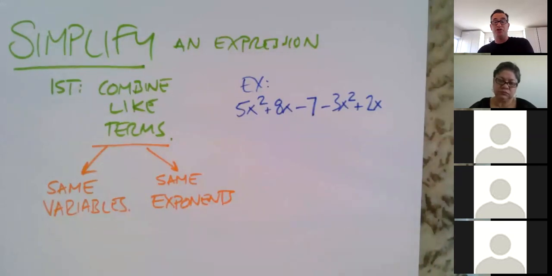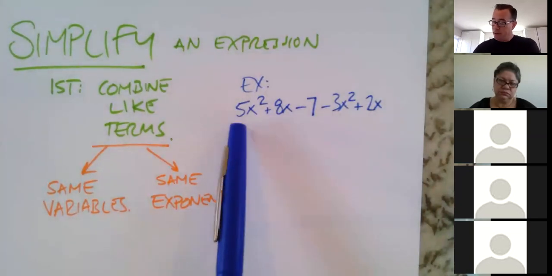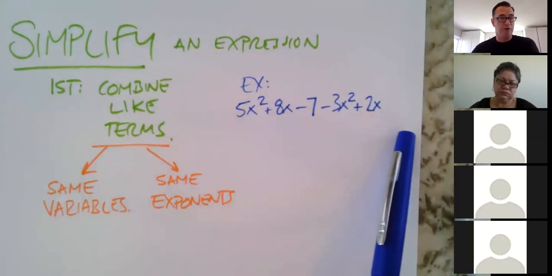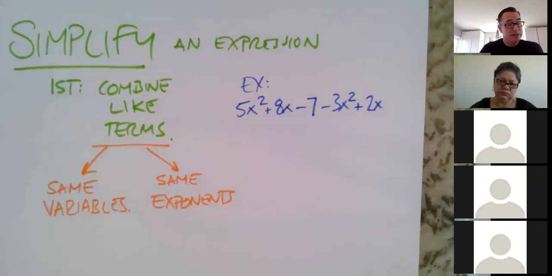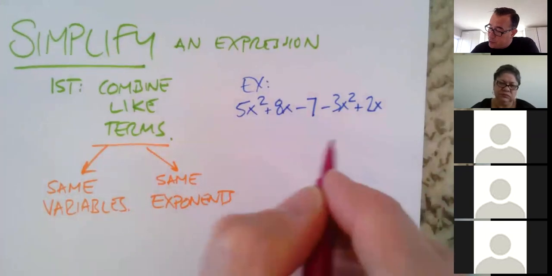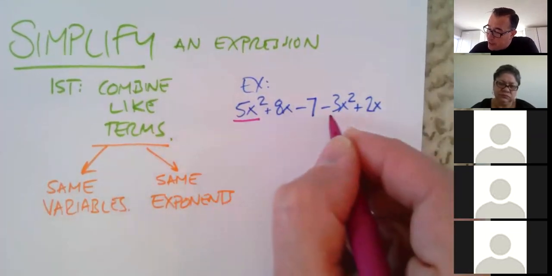Okay, so this is just an example, and your instructions on a test would be simplify this expression. So the first thing that we would do, 5x squared plus 3x squared. Okay, so the 5x squared and the 3x squared.